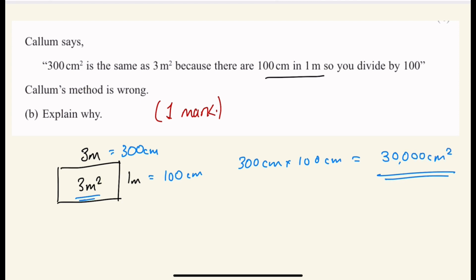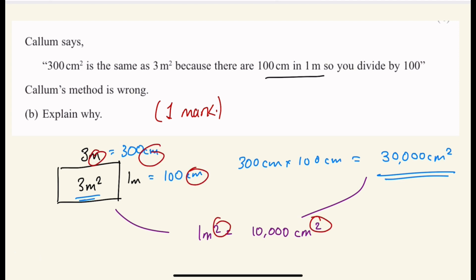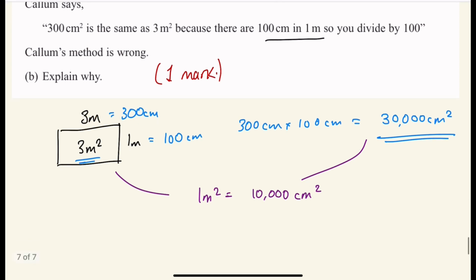So what you have to explain is that 1 meter squared is equal to 10,000 centimeters squared, because the trick is it's squared, it's not just centimeters or meters. You just write that out and you explain it.